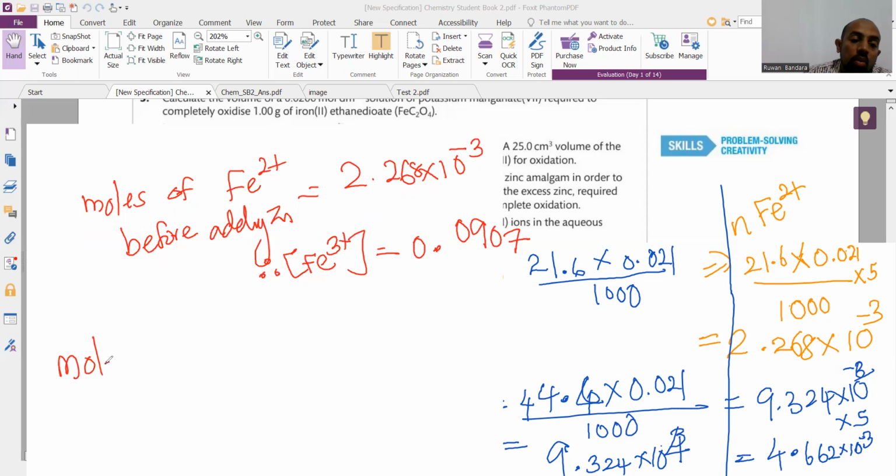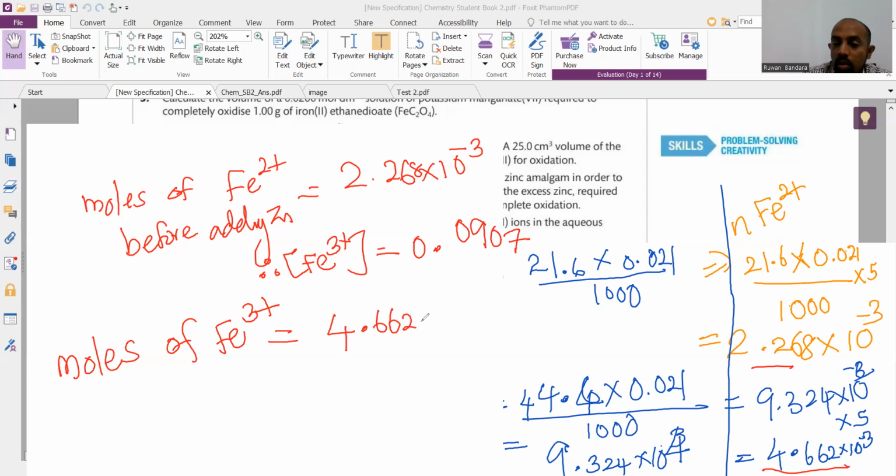Then moles of Fe3 plus you can find by subtracting this number from this. 2.394 into 10 to the power of minus 3.